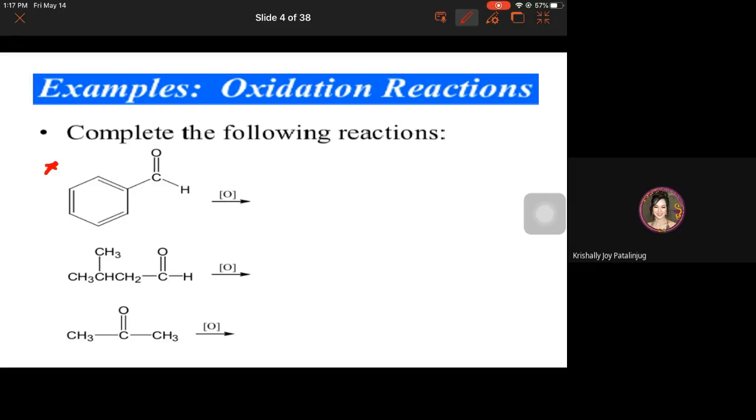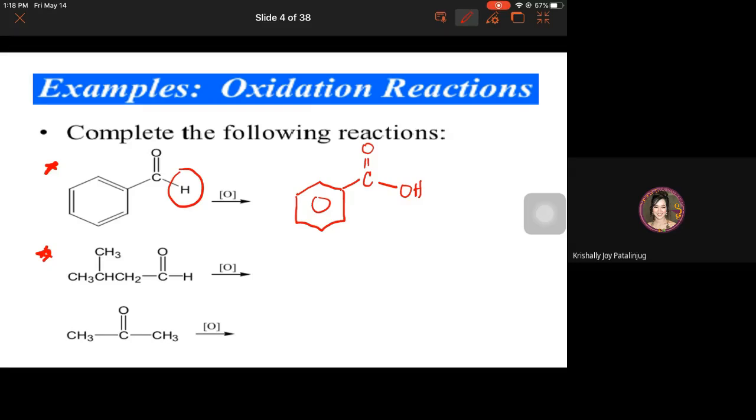So how do we form the carboxylic acid? This terminal hydrogen of the aldehyde becomes hydroxylated, meaning it now has an OH. So copy the whole structure, then OH. This is already a carboxylic acid. Next. Second structure, aldehyde or ketone? Very good, aldehyde.